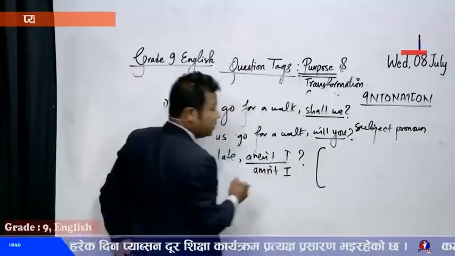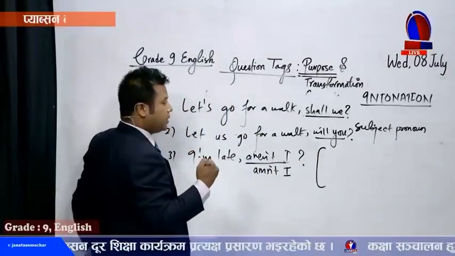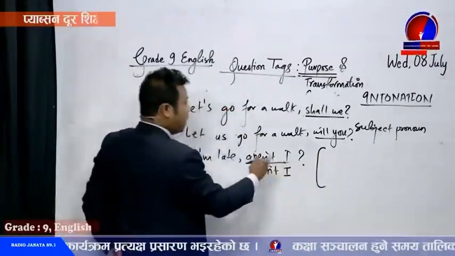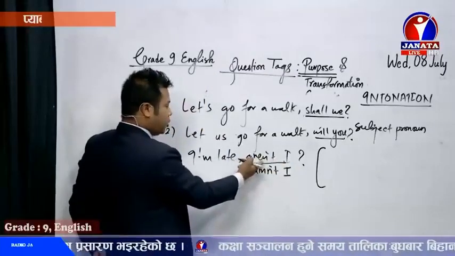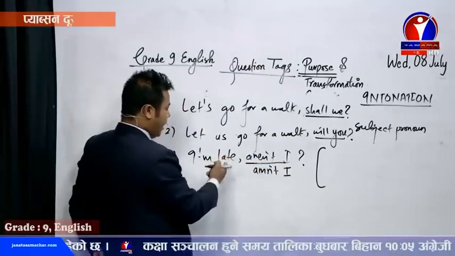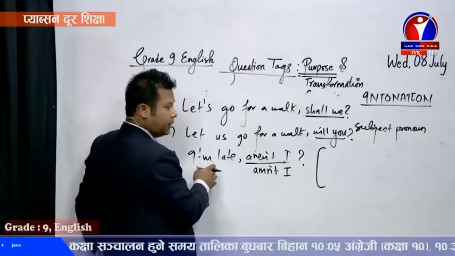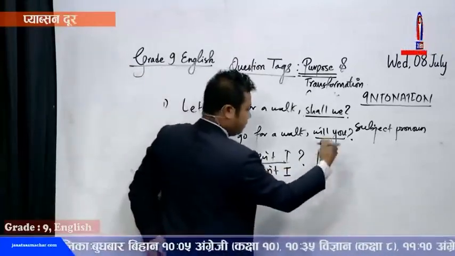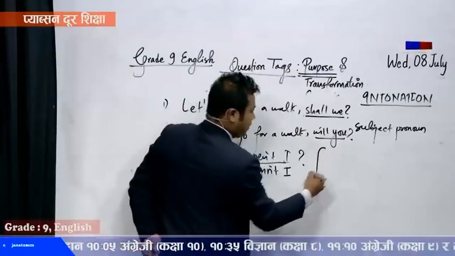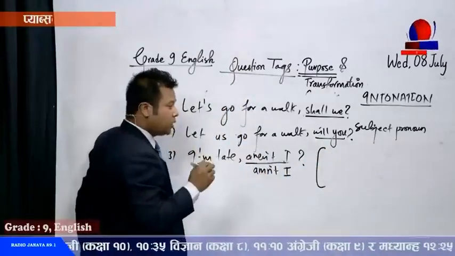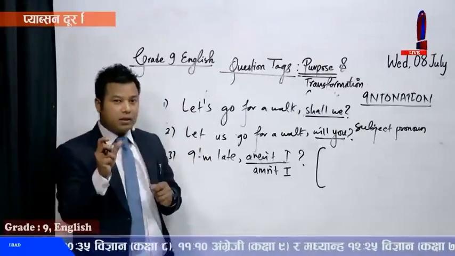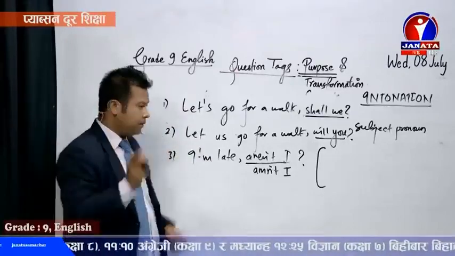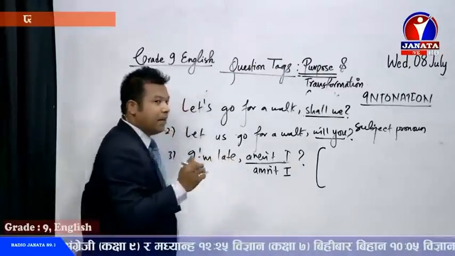There might be several reasons, but the reason that I know is I use aren't I, a negative tag question, for a positive statement, I am late. Reasons for not using am I could be something like, once I read, I found there are some English words in which they use double consonant blends, like cabbage, double B.